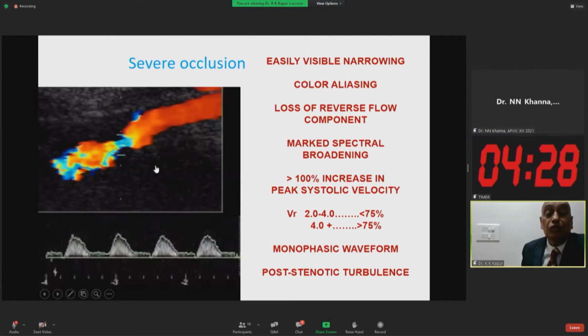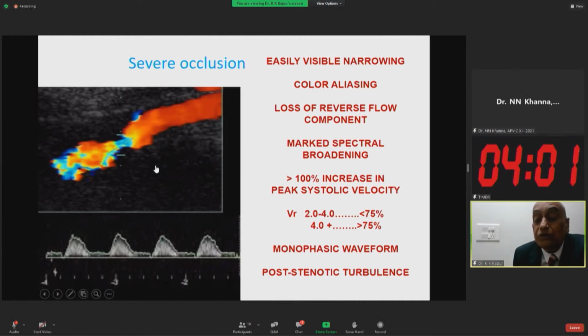When you have severe stenosis, there is an easily visible narrowing, there is color aliasing, loss of the reverse component, marked spectral broadening, and more than 100% increase in the peak systolic flow. When the velocity ratio, we call it VR, is 2.0 to 4.0, it is less than 75% narrowing.